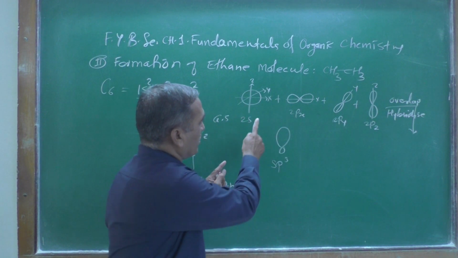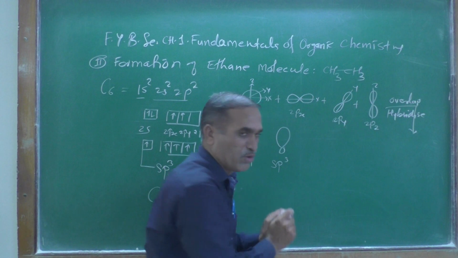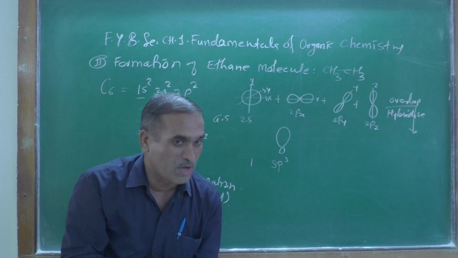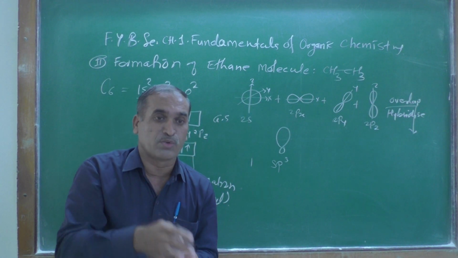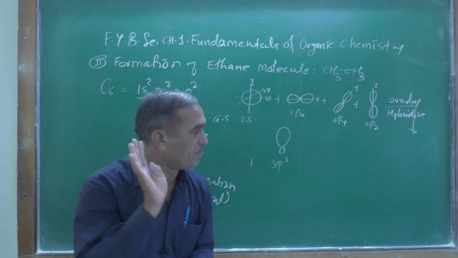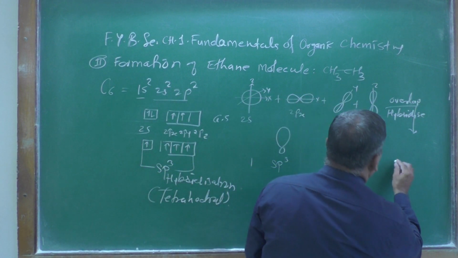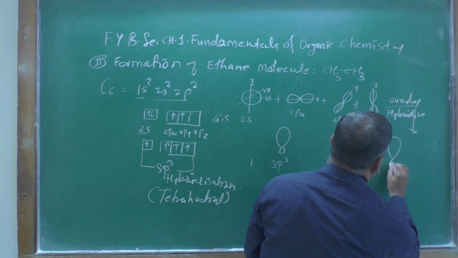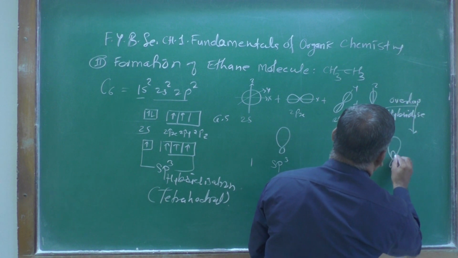If you count here 1, 2, 3 and 4 atomic orbitals, how many hybrid orbitals are you going to get? You are going to get 4 hybrid orbitals. And they look like this.